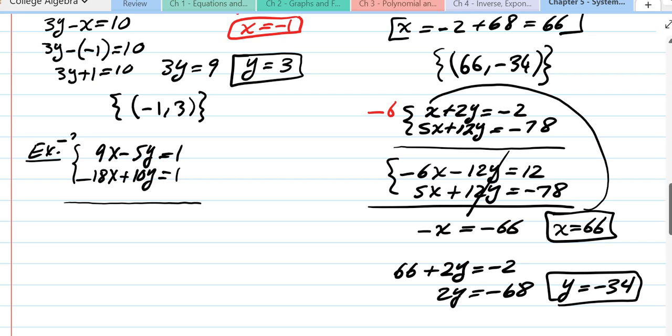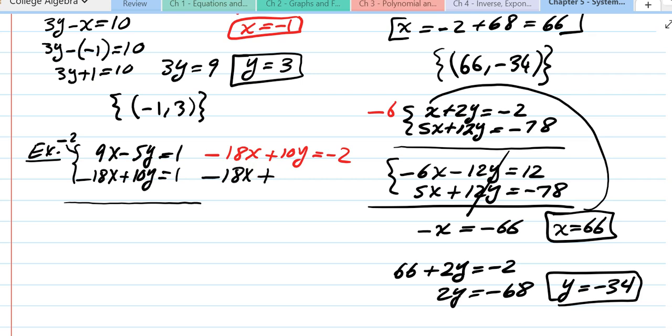So I'm going to do negative 2 times the first equation. When we multiply by negative 2, it becomes negative 18x, negative times negative, positive 10y, and negative 2 times 1. Remember, you reach all the way across the equal sign. Don't just stop on the left side. You've got to multiply the entire equation by that constant. And we're going to keep the second equation unchanged.